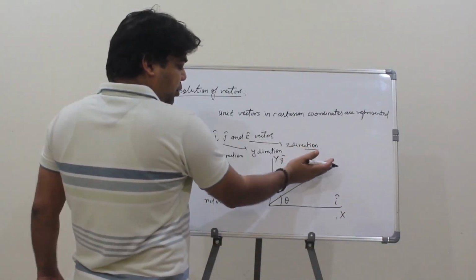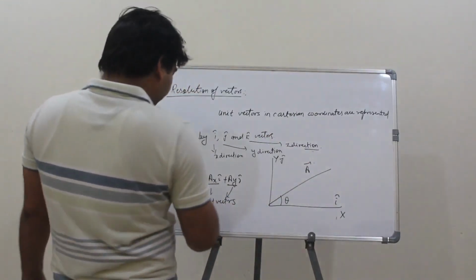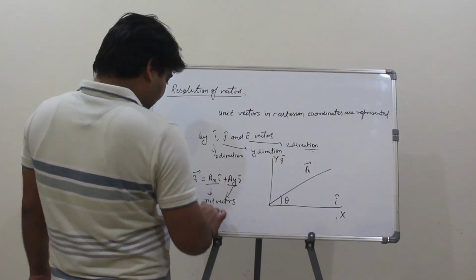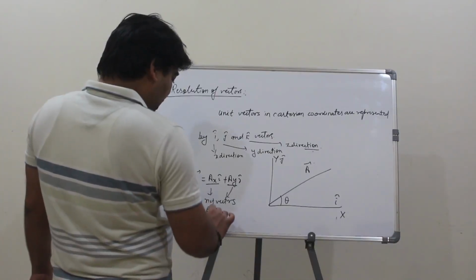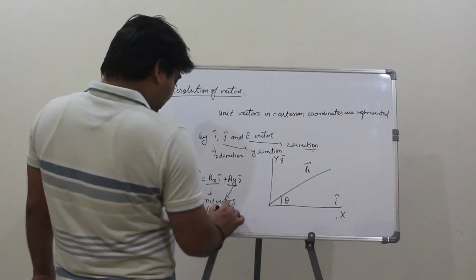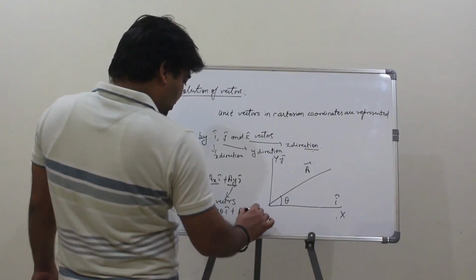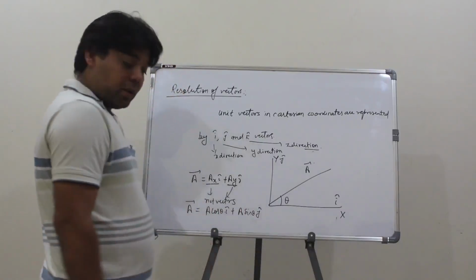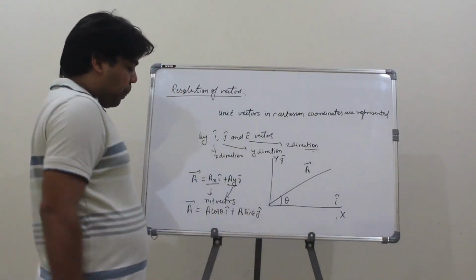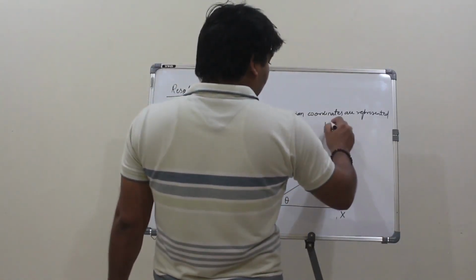Ax will be A cos theta and Ay will be A sin theta, right? So A will be A cos theta i cap plus A sin theta j cap, right?